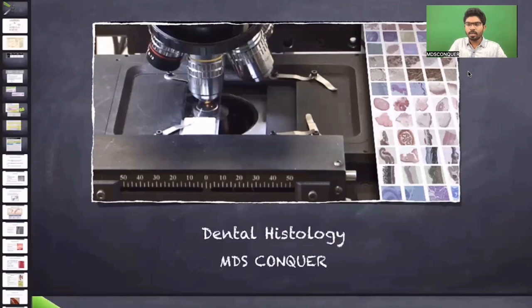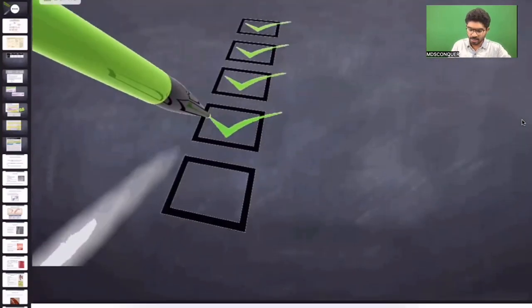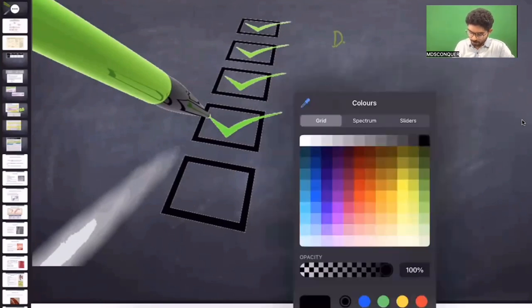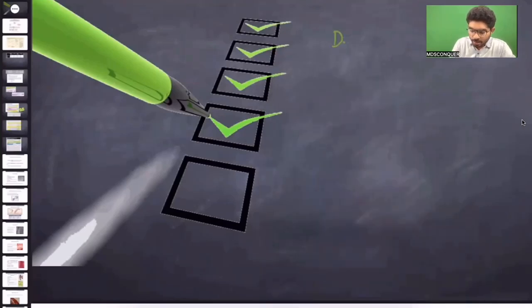So first of all, considering this as a revision session, the first thing I just want to add a note is the mandatory checklist for your dental histology. I definitely recommend dental pulse synopsis or even your power play books synopsis, it is very nice.